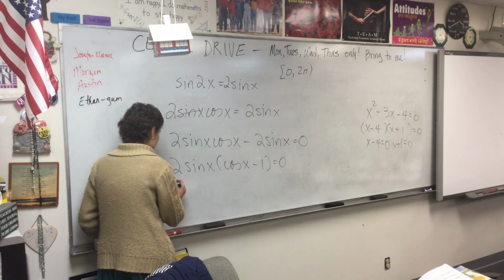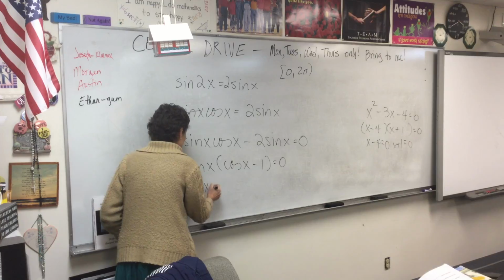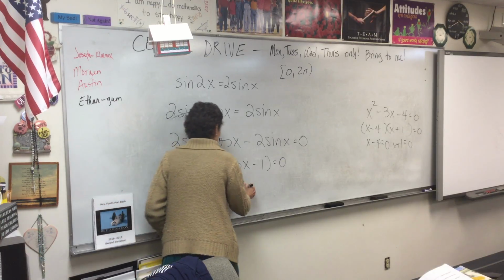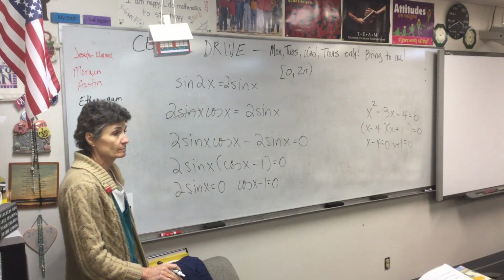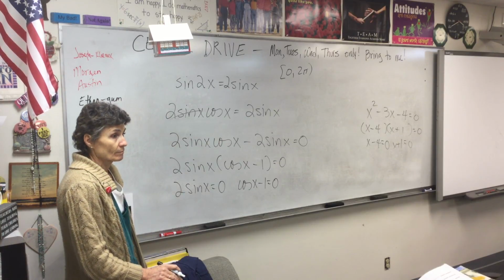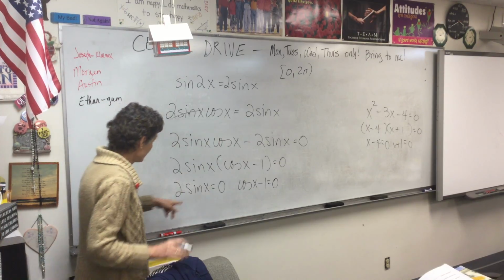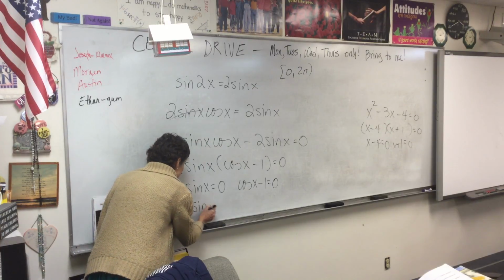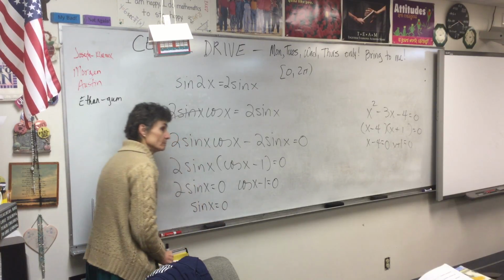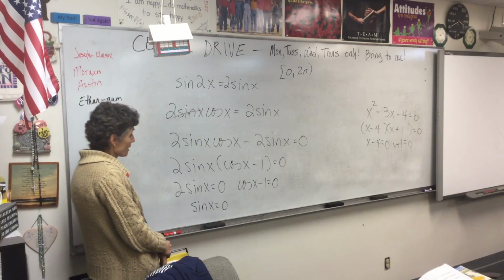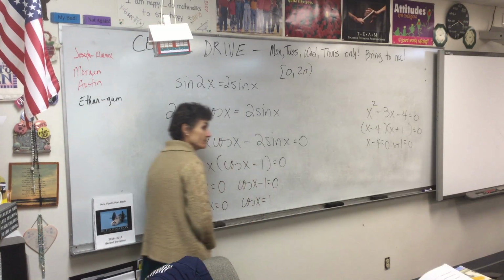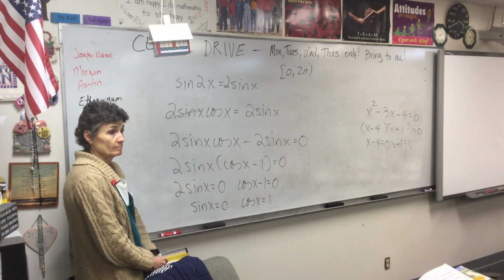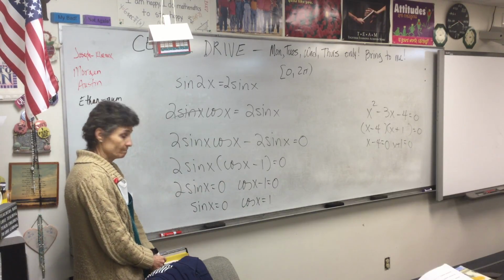We can now take both of these factors and set them equal to 0. This equation says sine equals 0. This equation says cosine equals 1. Right?